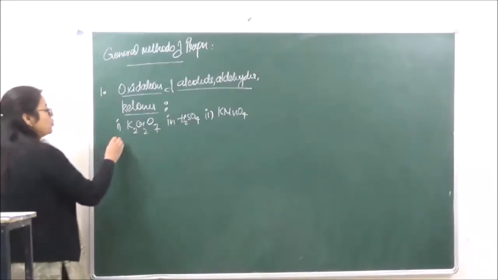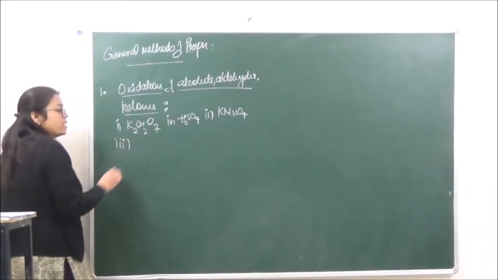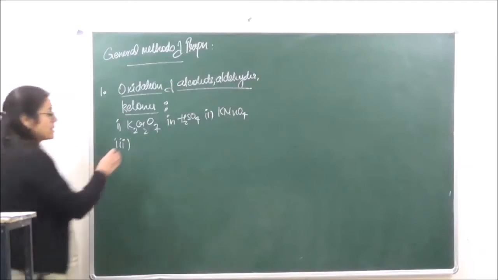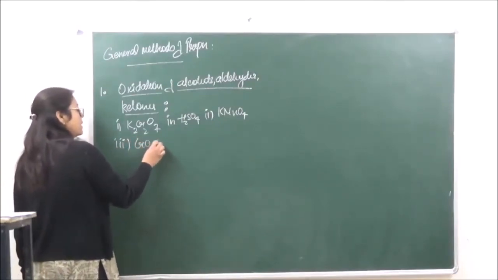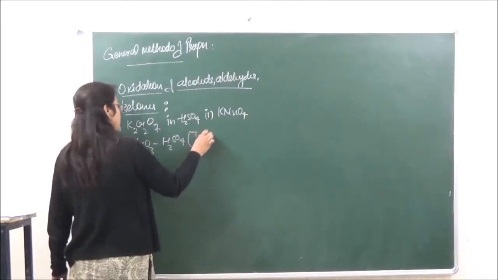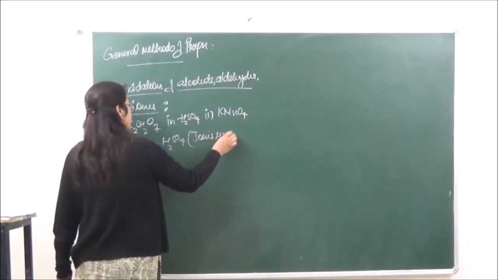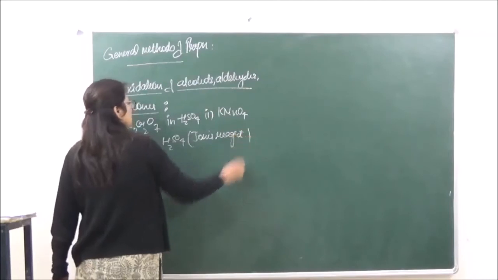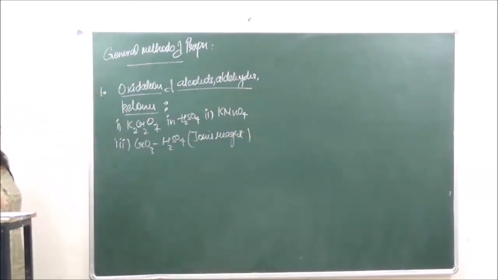Or we can use Jones reagent, which is chromium trioxide in H2SO4. This is going to be the Jones reagent. So we can use either potassium dichromate, potassium permanganate, or chromium trioxide in H2SO4.